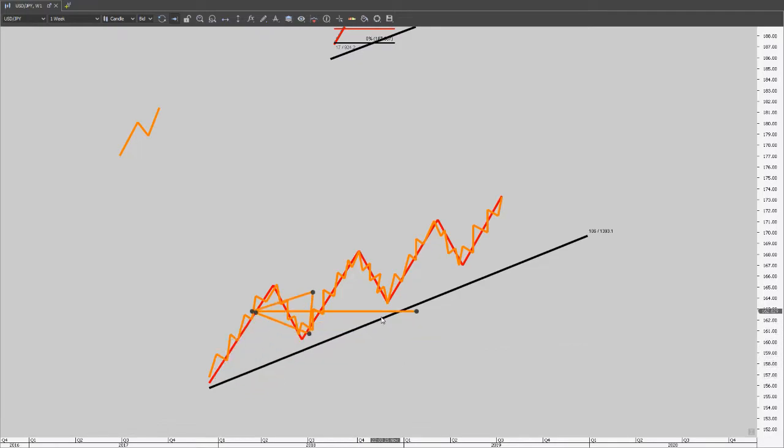Now, waving means, how is the market going to wave? Well, the market is going to wave making extensions, retracements, extensions, retracements, extensions, retracements. Okay, this is a must.